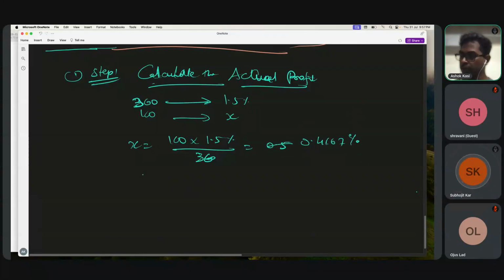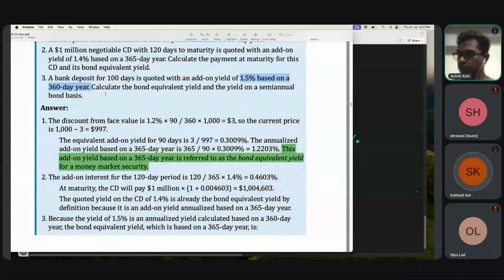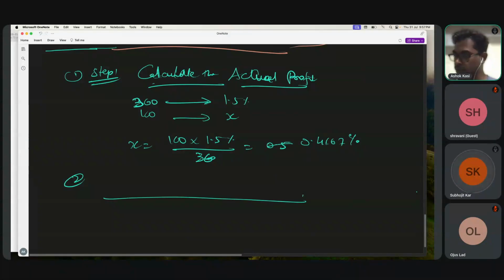Okay. Then step 2, whether it is add-on or discount. Add-on. So we will calculate the 100 days holding period yield.